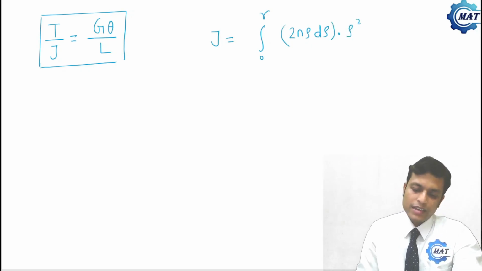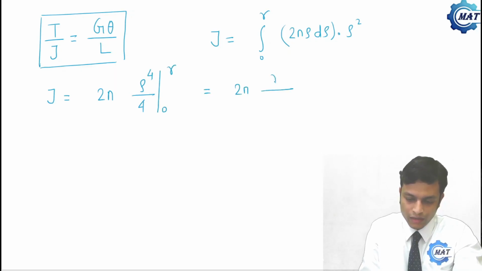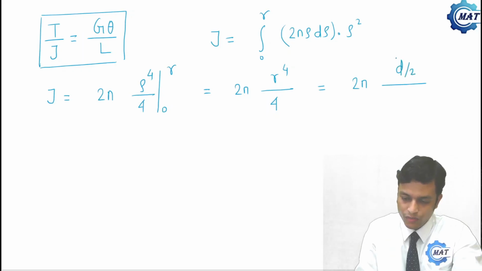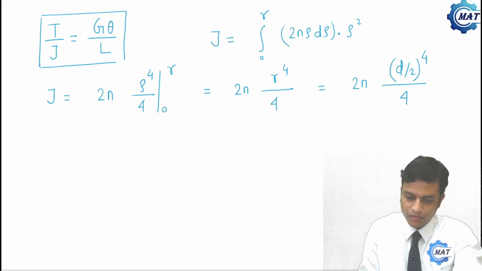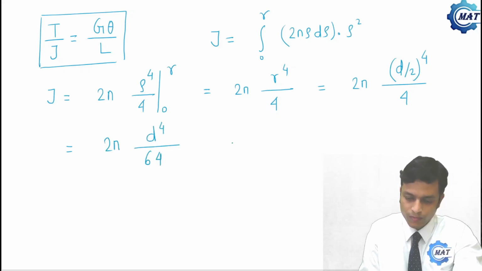Now first of all, let us calculate the value of J. That is J is 2 pi rho to the power 4 by 4, integral 0 to R, that is 2 pi R to the power 4 by 4, that is 2 pi (d by 2) to the power 4 by 4, that is 2 pi d to the power 4 by 64, that is pi d to the power 4 by 32.